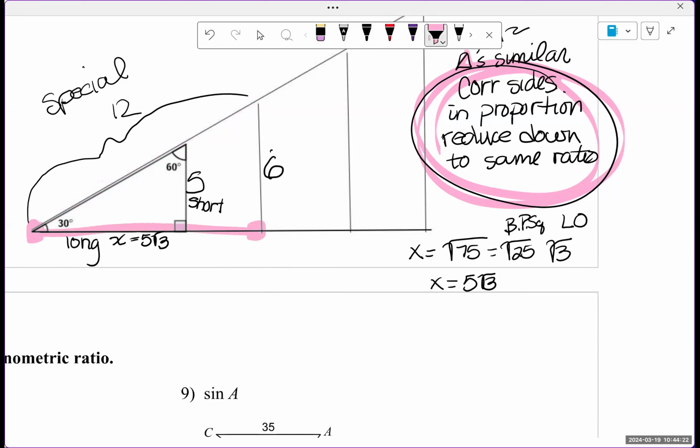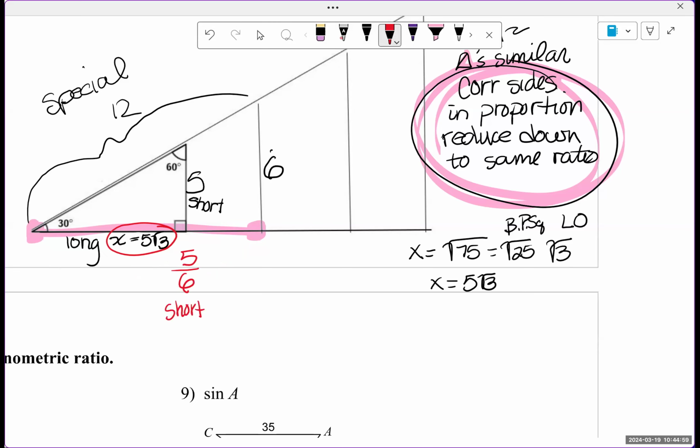Okay, if the sides are proportional, if the side of this one is 5 rad 3, the side of the bigger one to be proportional with that is going to be, oh no. What else do you want to guess? Okay, so if these sides are 5 to 6, that would be the short.